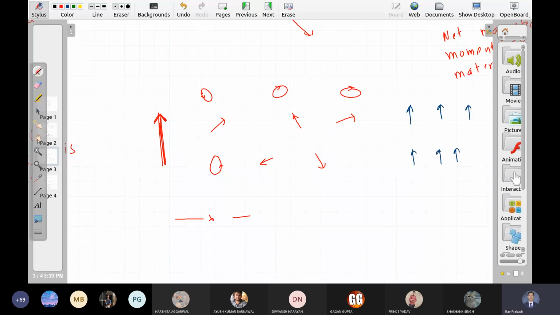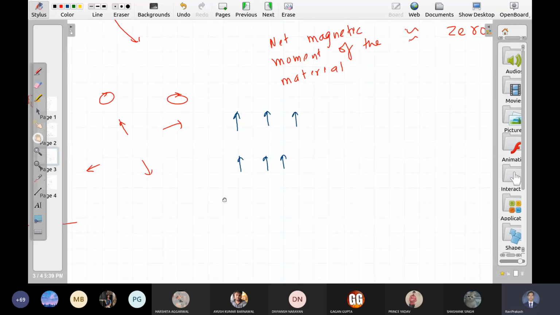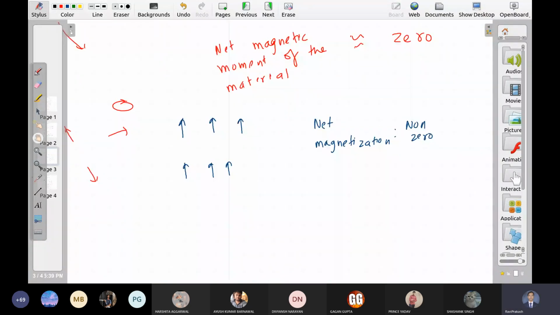What is the net magnetization now? It is non-zero, and not only non-zero, its magnitude is significantly large.